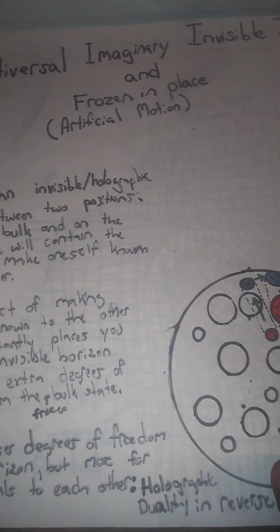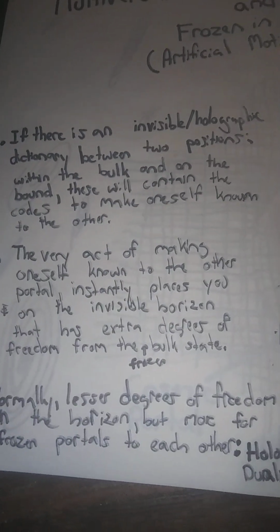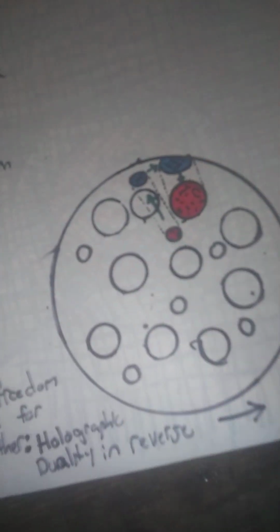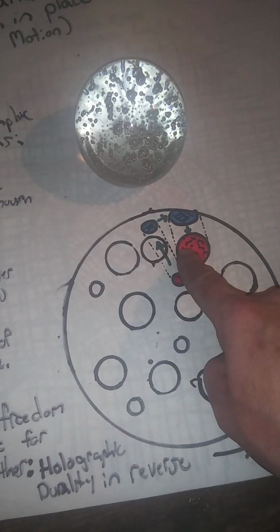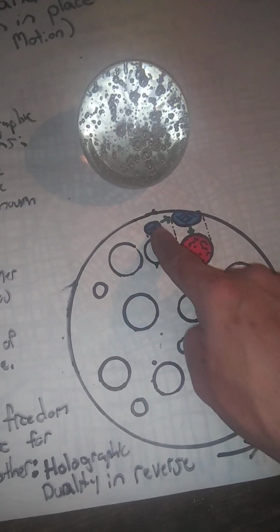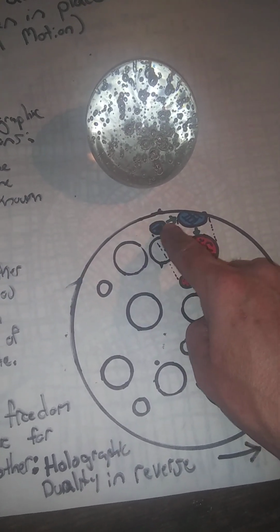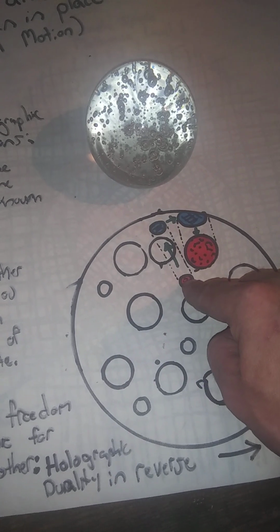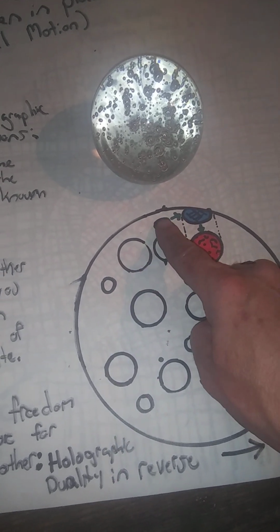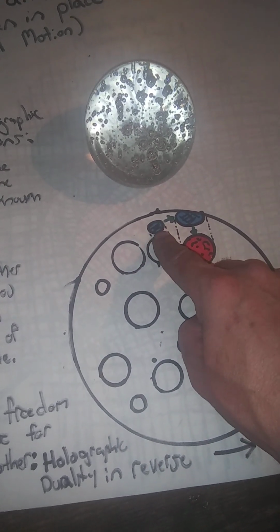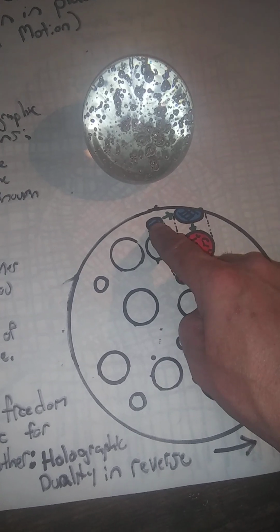A multiverse, imaginary, invisible horizon, and frozen in place artificial motion. Well, what all this means is that if this is a multiverse, and these are small universes inside, they go up to the invisible boundary. That's how they move. They're frozen in place, but they have extra degrees of freedom on the horizon.